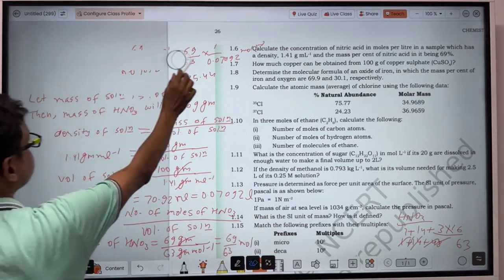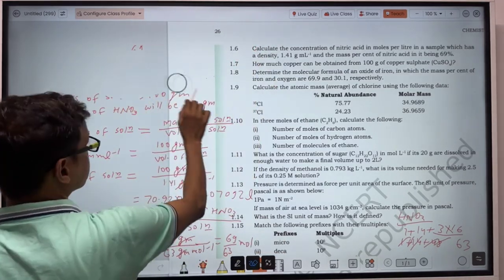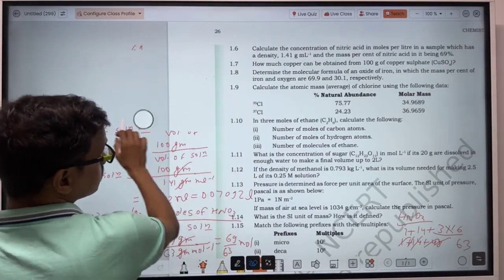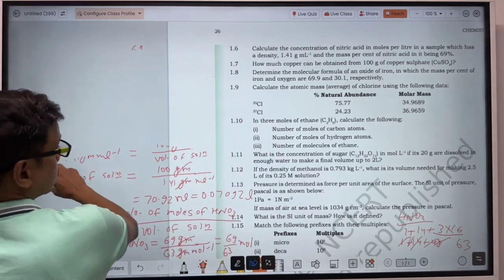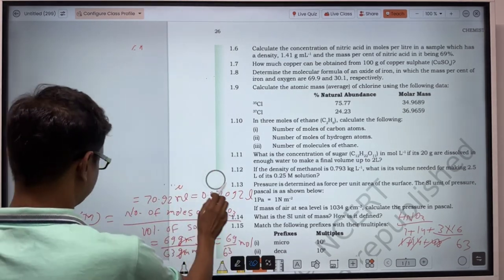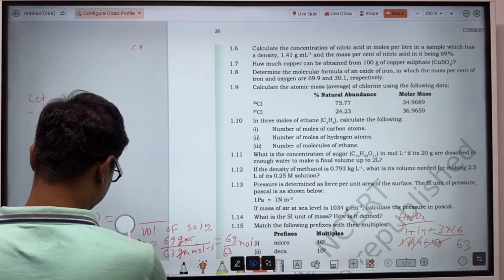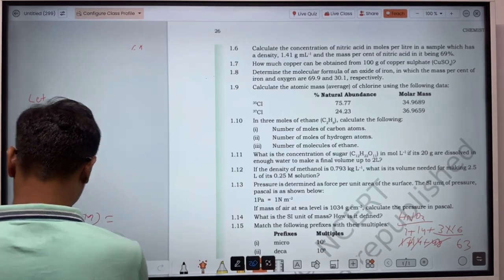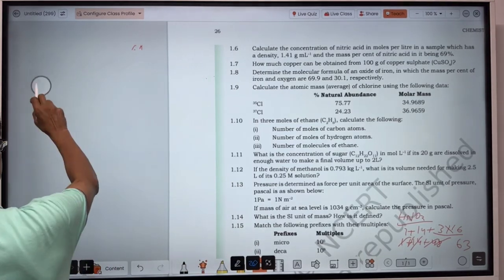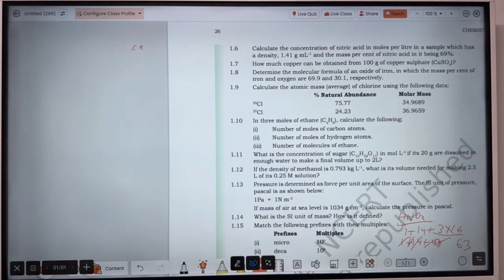Now let's see. Question number 1.7. What is there?